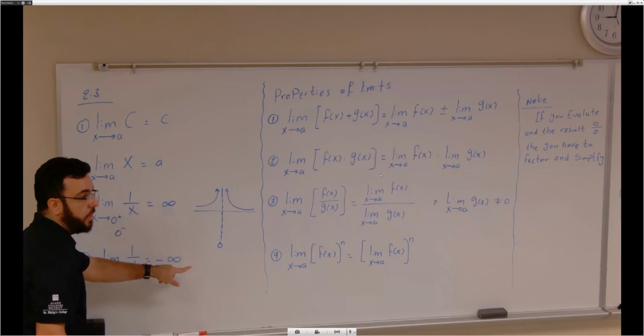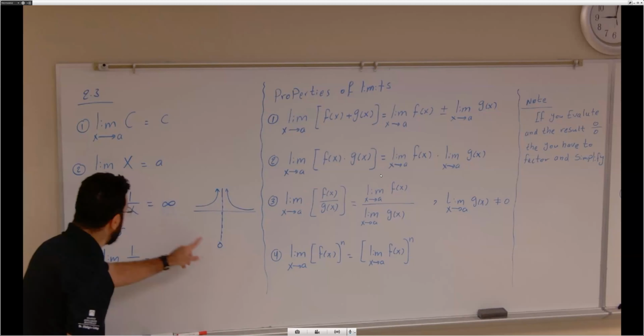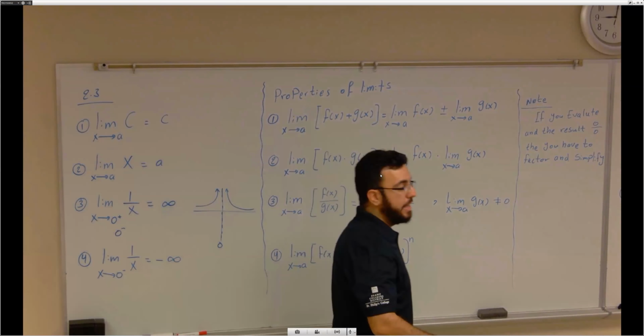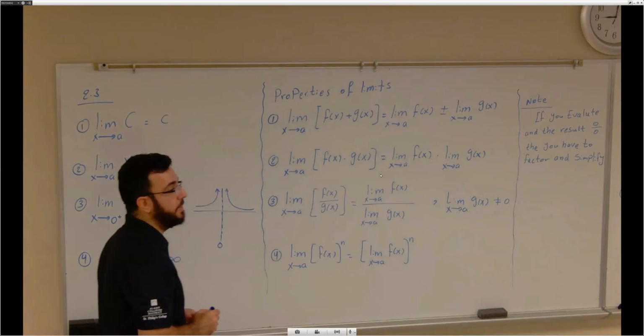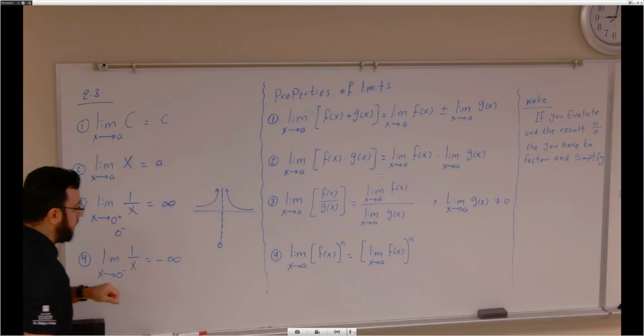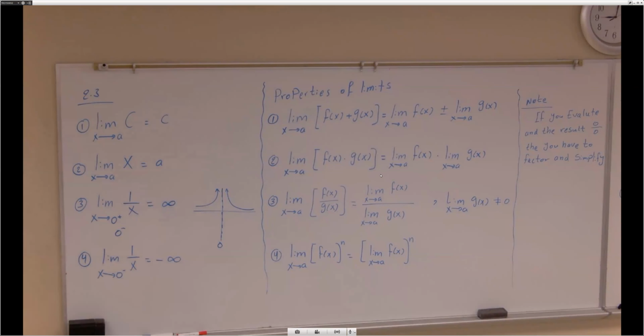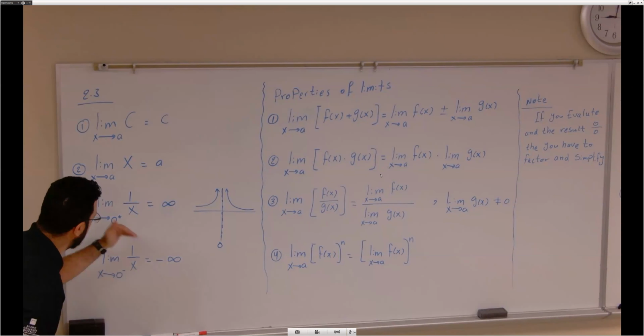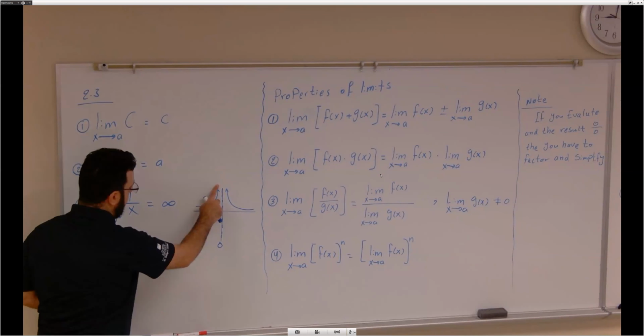How are we going to know it's a vertical asymptote? Because when you plug in 0 here, 1 divided by 0 is undefined. That means the function is undefined when x equals 0, so it's an asymptote. We're going to check that in the notes. Now, this one is supposed to be going down, not up.